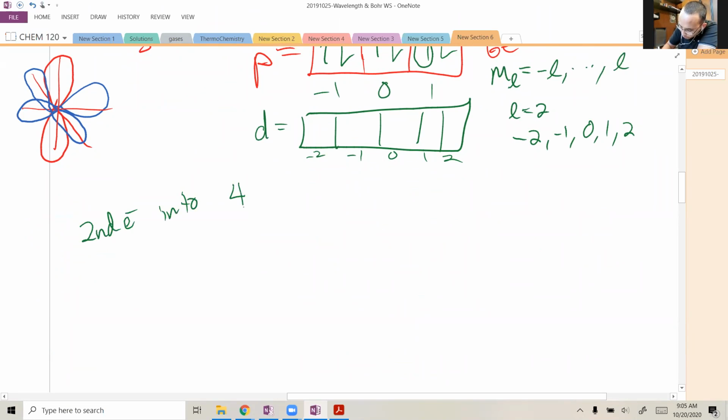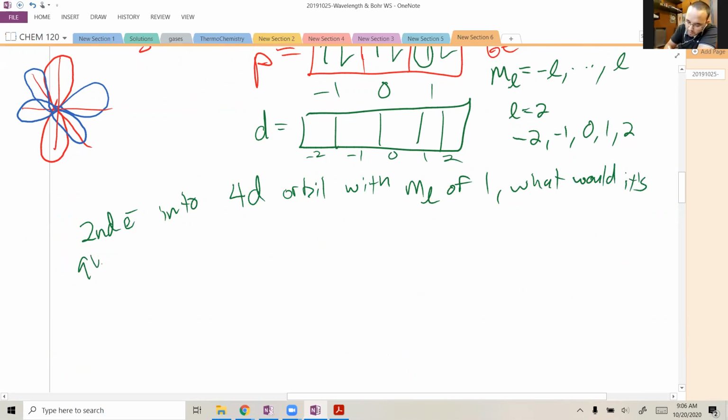So if I were to tell you that you are putting the second electron into the 4d orbital with an M sub L of 1, what would its quantum numbers be?